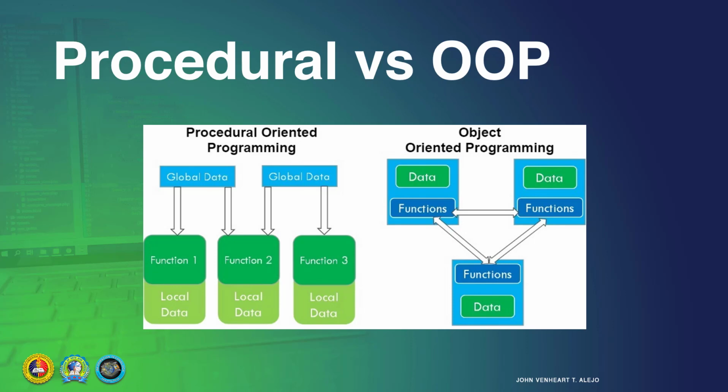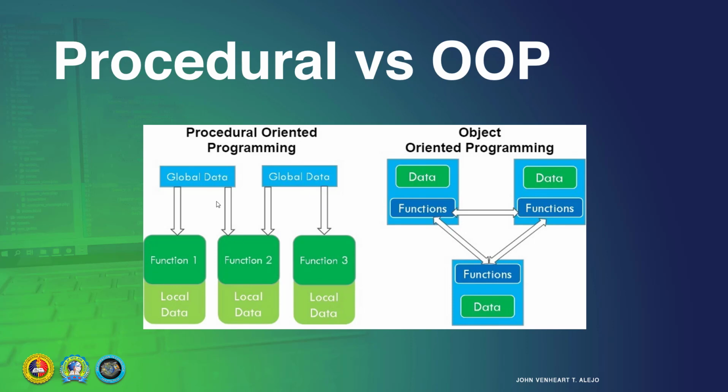So if you are a congressman in District 1, you have no authority in District 2. Your power is only in District 1. Are you with me? Do you understand? So this is what we are talking about with local data in procedural programming. The local data here is no longer accessible to the local data in function 2 and function 3.